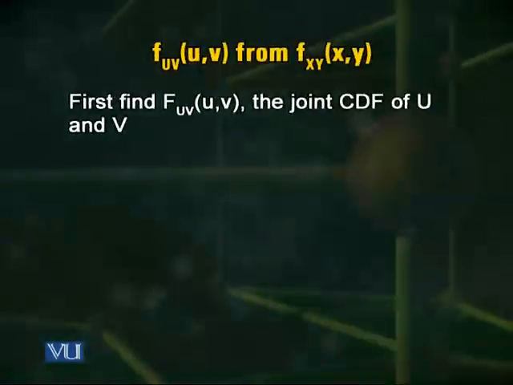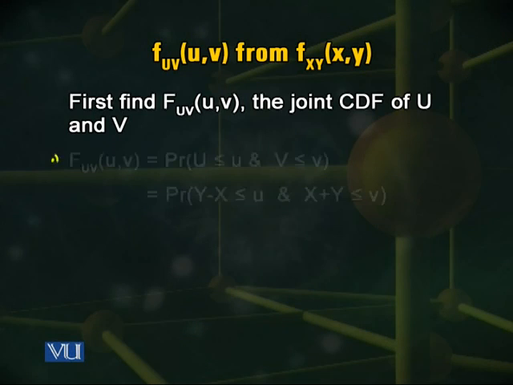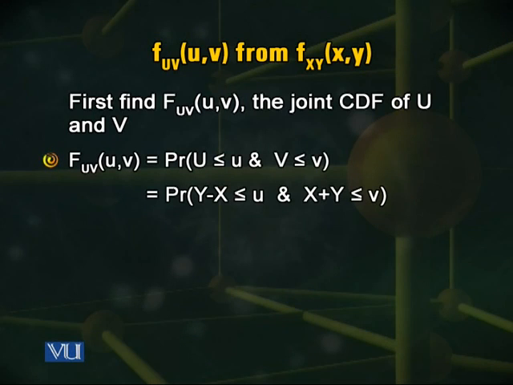and the events which are parameterized by this small u and v are of the form that capital F of u comma v, which is the joint CDF of random variables u and v, is equal to the probability of this event where random variable u lies from -∞ to small u and random variable v lies from -∞ to small v.